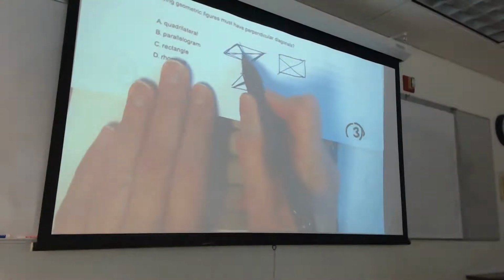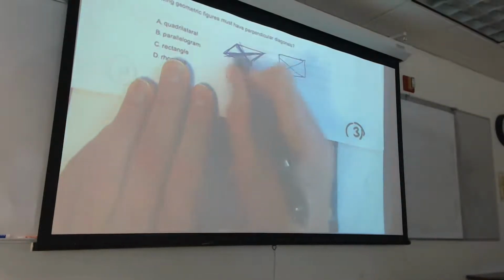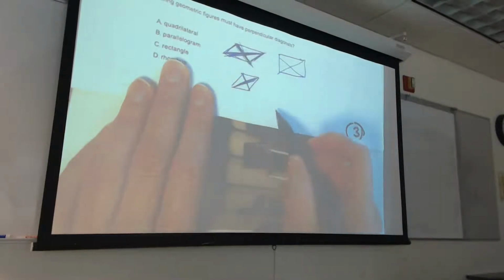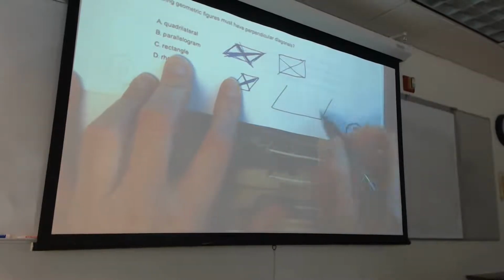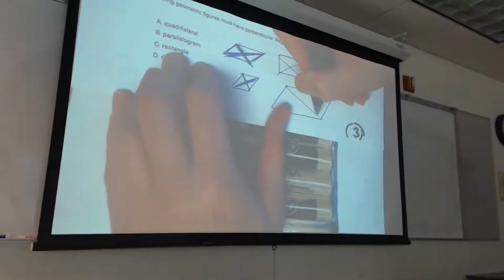Are these perpendicular? Well, my drawing is bad. I'm doing this. Does that make a right angle? A perfect right angle? Let me draw it again. The answer's no, but I can do a better job of drawing it.